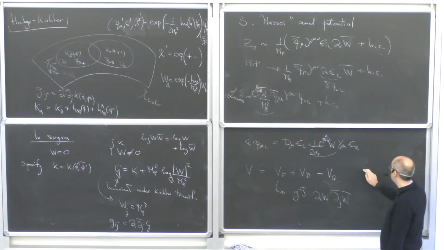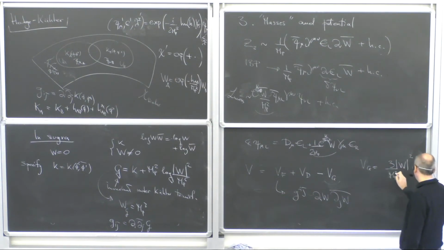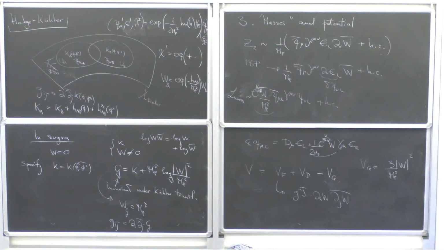So this V_G is actually 3, anyway, W squared, W bar, so this is 6, so I need a mass squared.